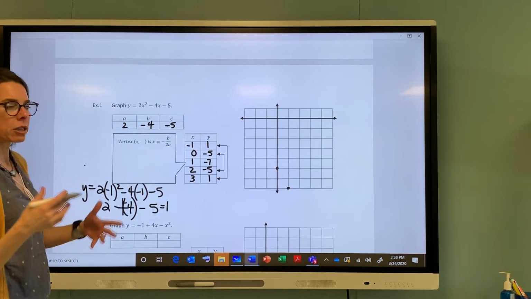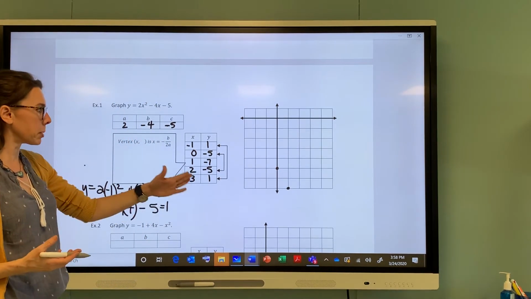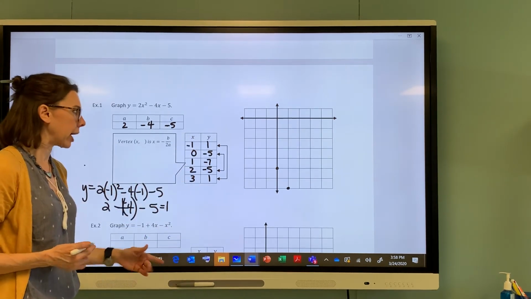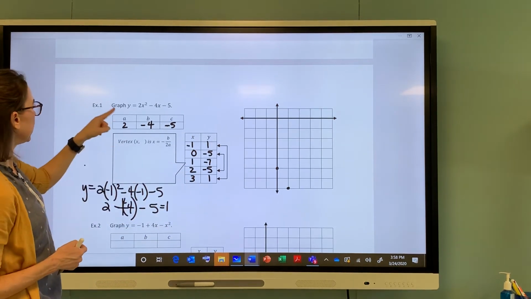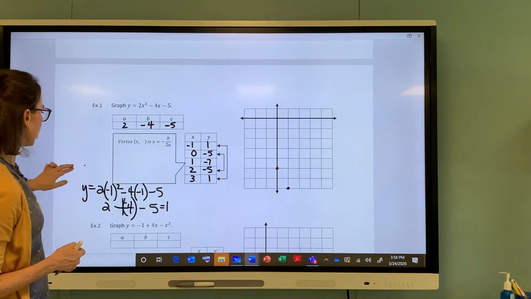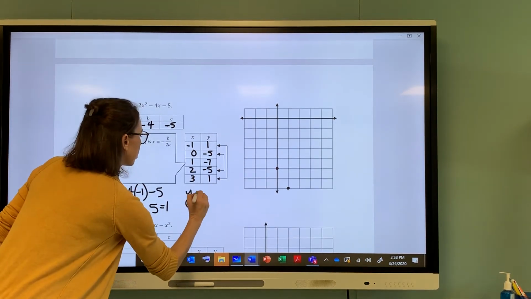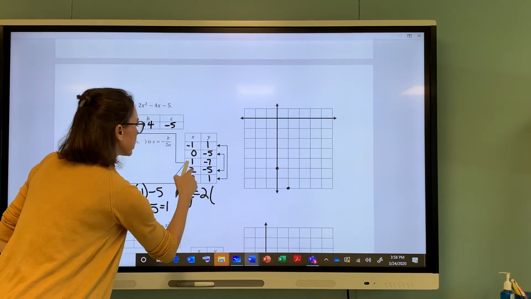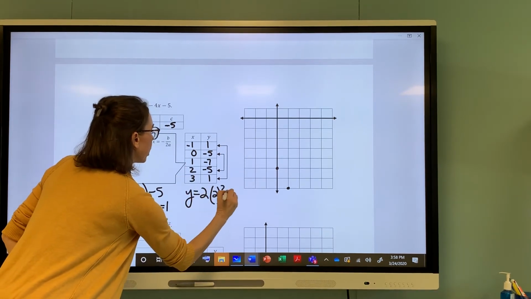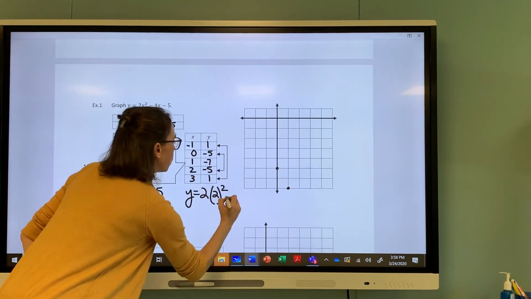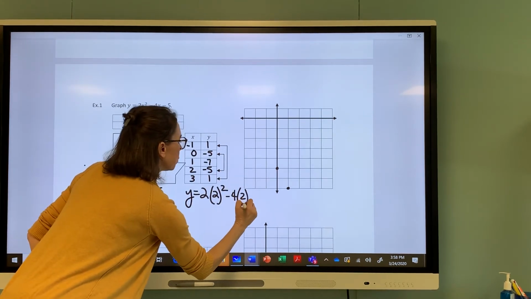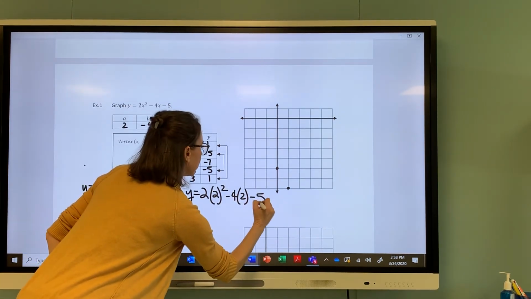And so just for grins, let's check it. Let's pretend we didn't know that, or I didn't tell you that. And so let's just plug in 2 into our function. I'll do it right here. So y equals 2 times 2 squared minus 4 times 2 minus 5.